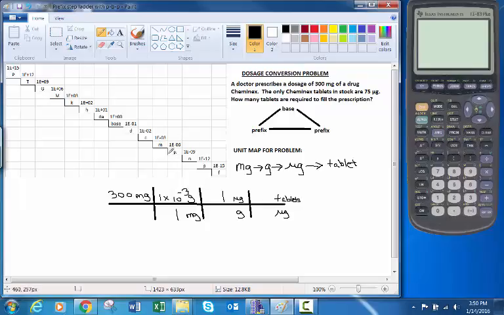Micro corresponds to 1 times 10 to the negative 6, so that is the number that we're going to put with gram in this section of our table. In our problem, it states that there are 75 micrograms in a tablet. So 1 tablet corresponds to 75 micrograms.